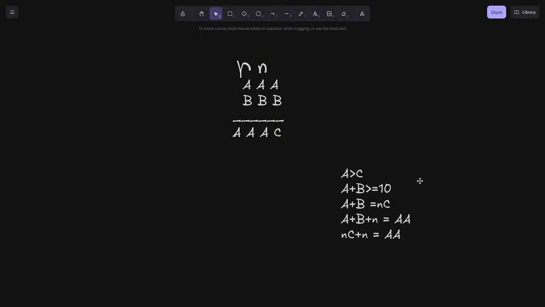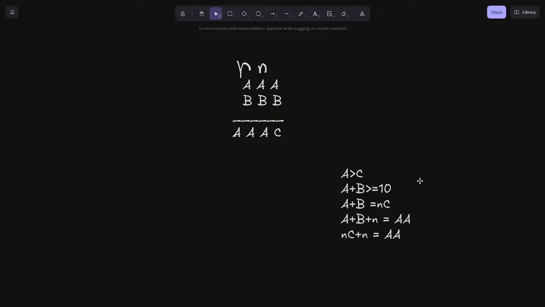A is greater than C. So the minimum value A can have is 1, C can have is 0. Also A plus B should be greater than or equal to 10. So the minimum value B can have is 9.